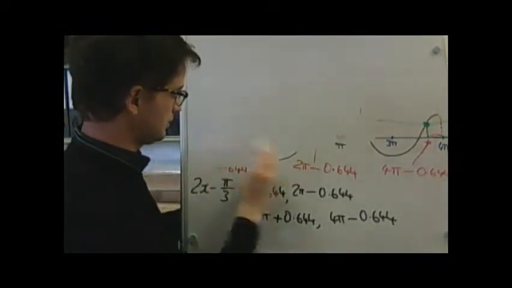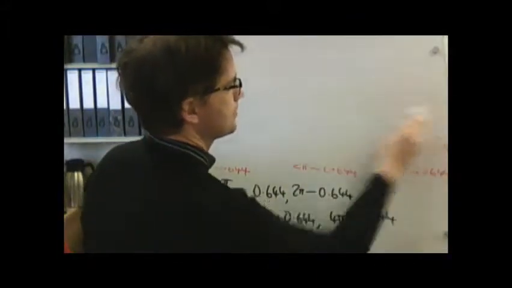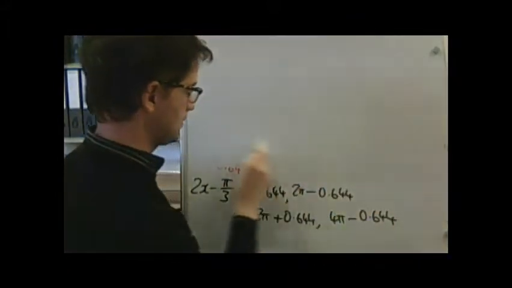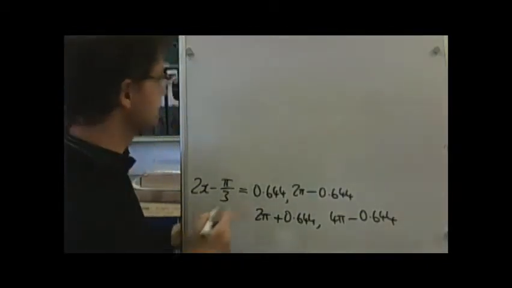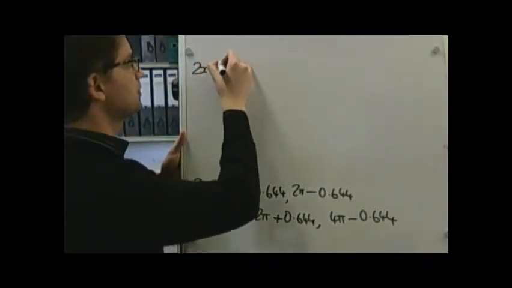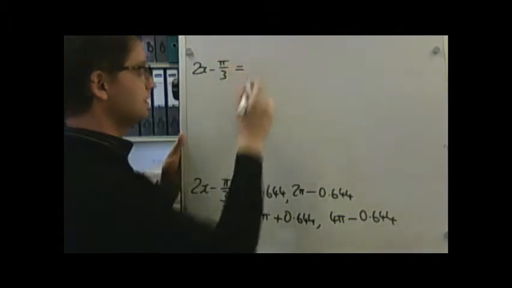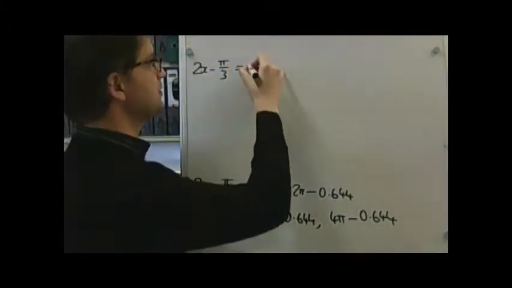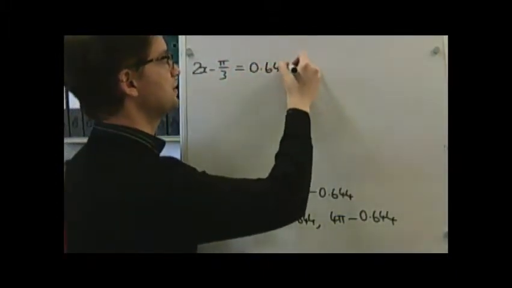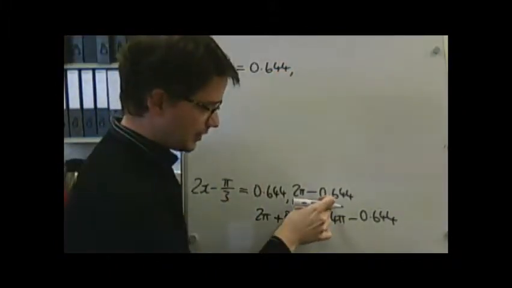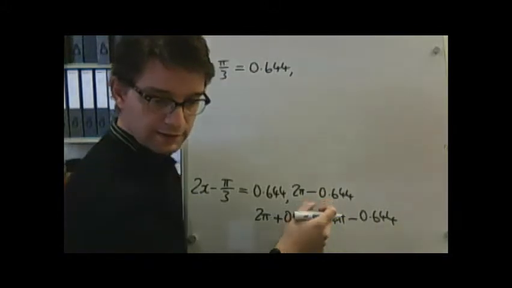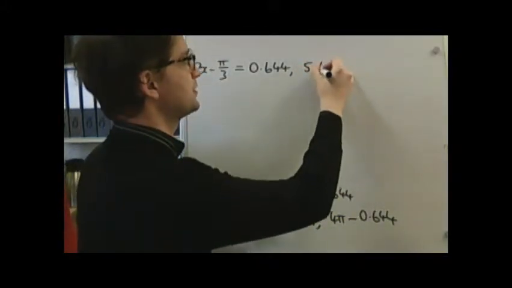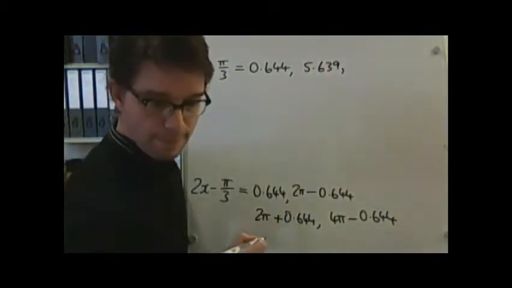I need to make some room at the top here. So I can now work out what each of these things are. So I've got 2x minus pi by 3, and I can actually find what each one of these values is. So 0.644 I don't have to do anything with. And if I use my calculator to get 2 pi minus 0.644, I think that comes to 5.639.